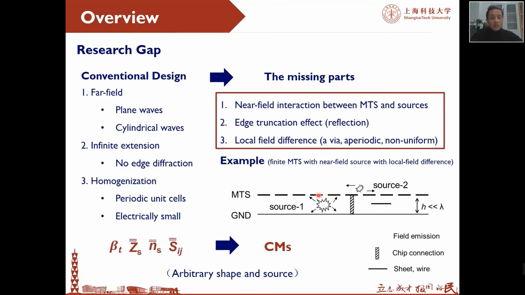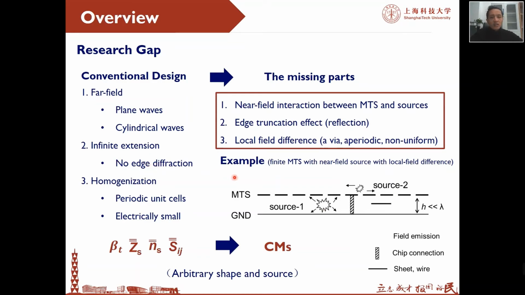That means if any wave is excited over the metasurface or very close to the metasurface, there will be wave reflected back. So with the left-hand side traveling wave and also the reflected traveling wave, we may have some standing wave, which is also known as the resonance.